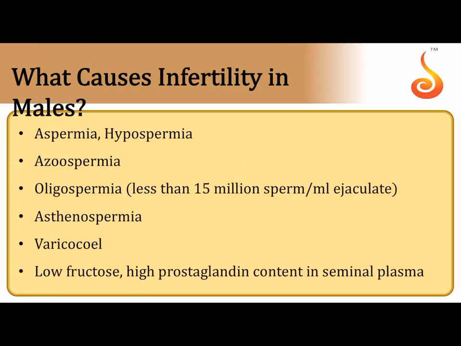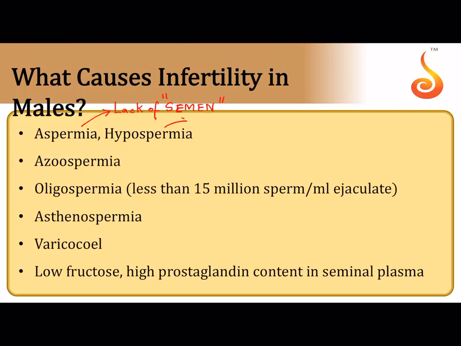Then there are so many other medical conditions. Aspermia means complete lack of semen. There is no ejaculation, or semen is not ejaculated at all, isn't it? So aspermia may be due to a block. Say for example, a person has undergone a surgery in his prostate gland, or there is a growth in the prostate gland such as prostate cancer. Then there is no production of semen at all. This is called aspermia.